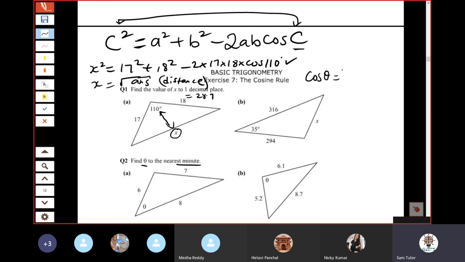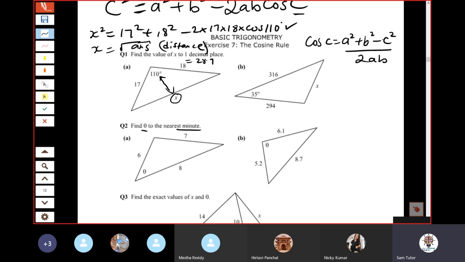Cos C equals A squared plus B squared minus C squared over 2AB. These formulas will be given to you in your formula sheet if you're having problems memorizing them, but I think you guys know where I stand with that. You should have it memorized if you want to perform well.